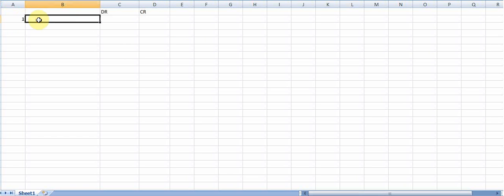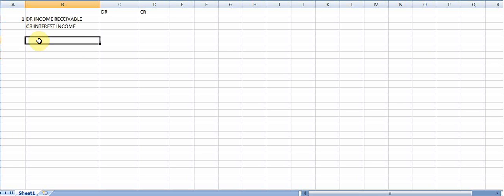Well, my interest is still outstanding, so I'm going to credit the interest income, and I am then going to debit the income that is still receivable because it has not yet been received.